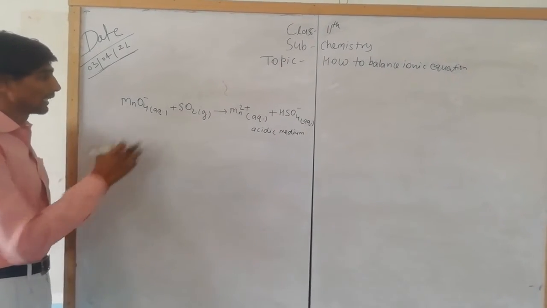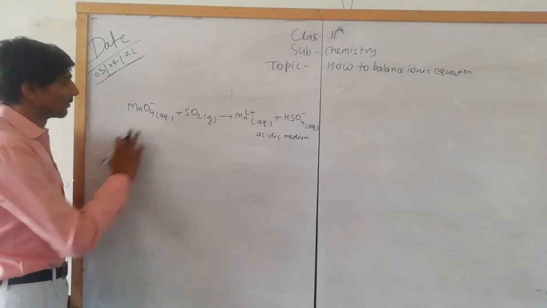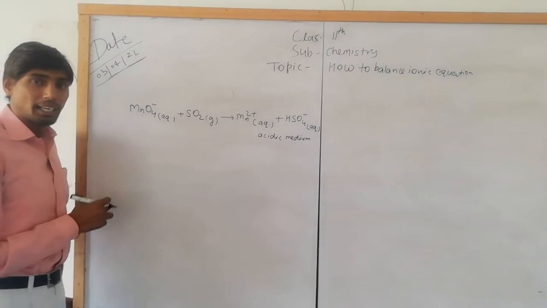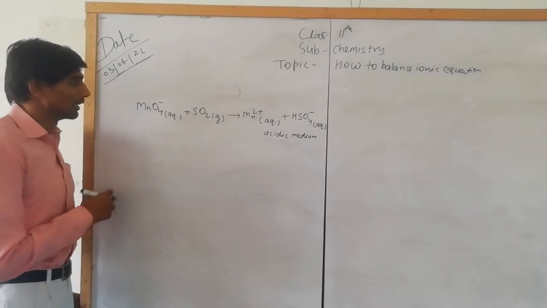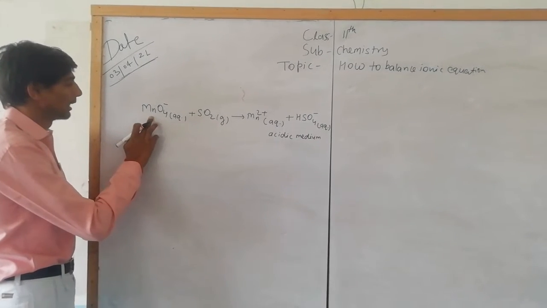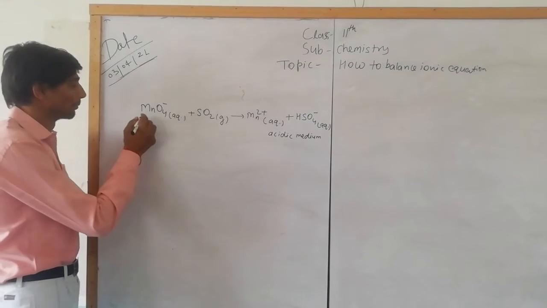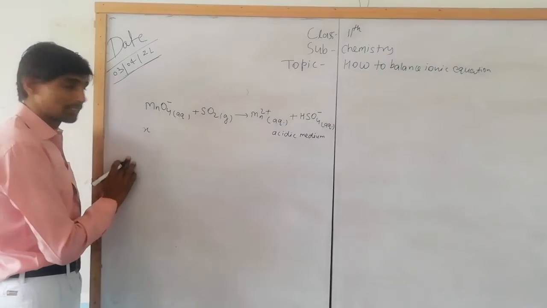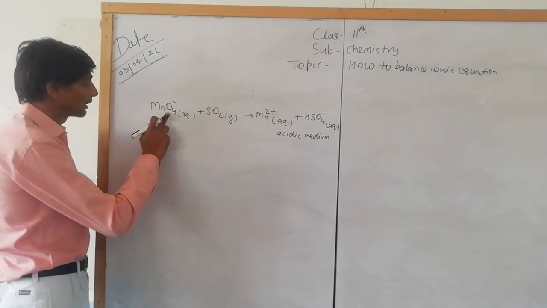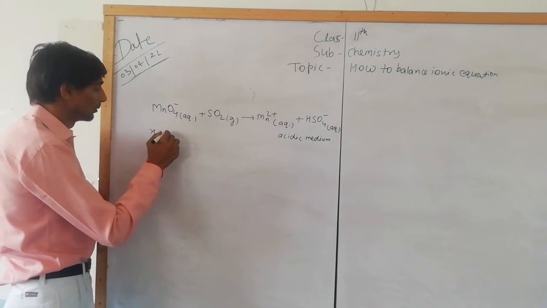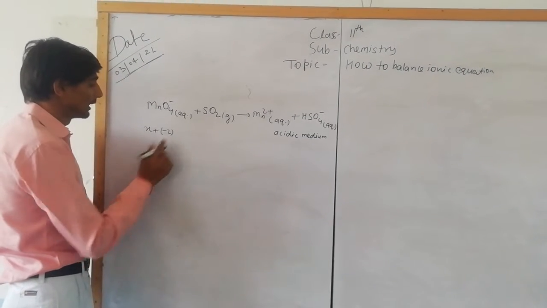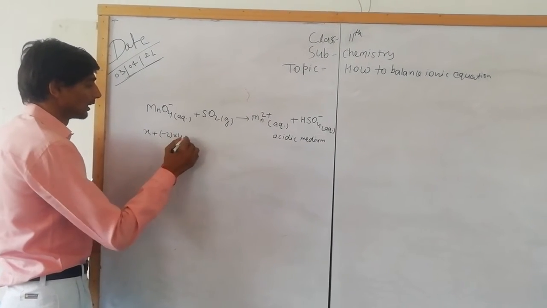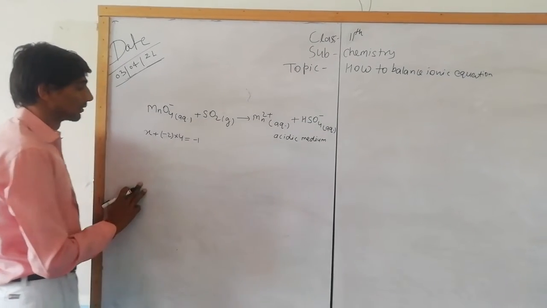First of all, we check which reactant is oxidized and which is reduced. So we have to find the oxidation number of Mn. Let the oxidation number of Mn be X, plus the oxidation number of oxygen, -2, and there are 4 oxygens, equal to -1.